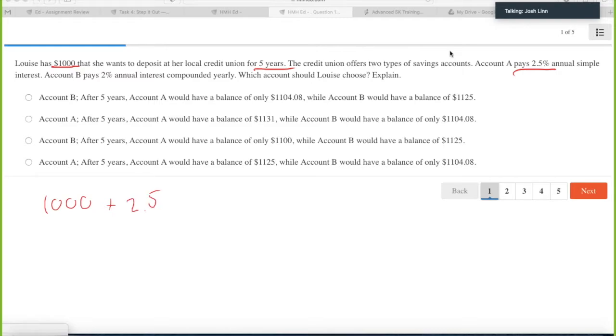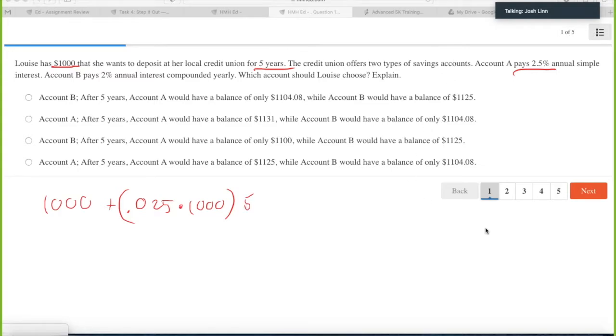I guess we should write that as a decimal. So 0.025 times 1,000 for however many years. In this case, it's going to be for 5 years, so we can just put a 5 right there.